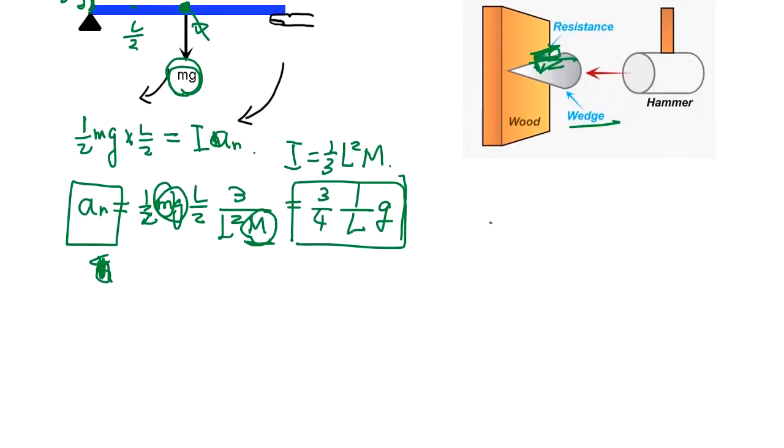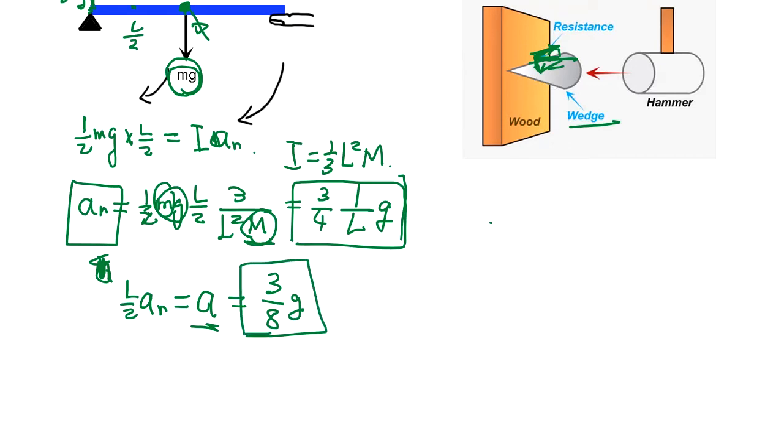So we can say L/2 times the angular acceleration is going to be the acceleration of the center of gravity, which is G. So the rotational motion is going to cause this much acceleration, right? But the total acceleration is the G at the center of gravity.